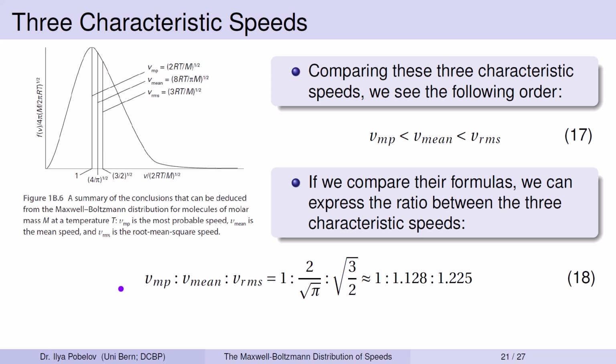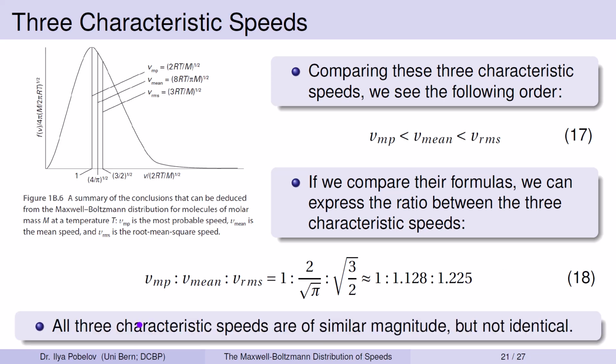Taking the most probable speed as the reference, the ratio is 1 to 2 over the square root of pi to the square root of 3/2. Numerically, their ratios are approximately 1 to 1.128 to 1.225. Thus, all three characteristic speeds are of similar magnitude, but not identical.